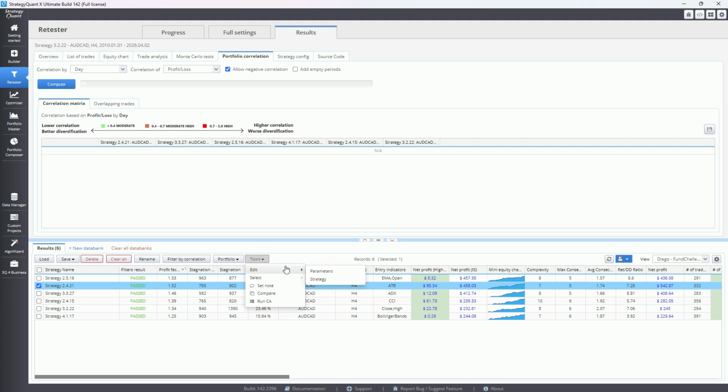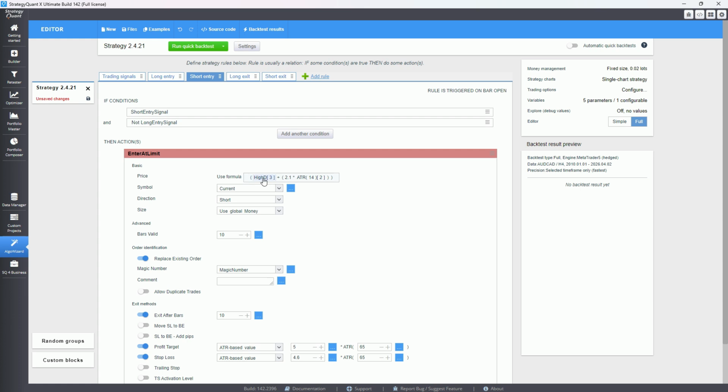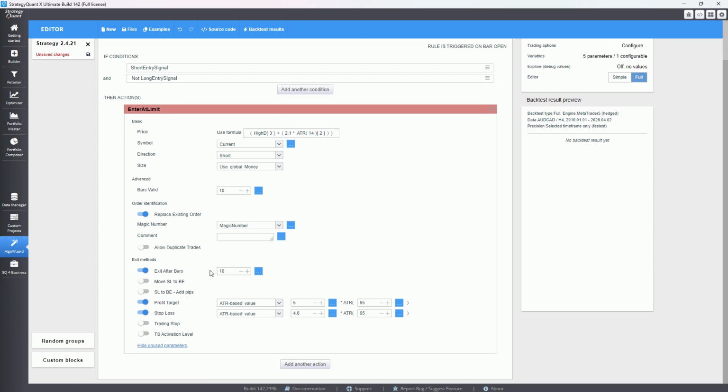If you go to tools and then edit this strategy, you can see this one, for example, the ATR 278, 2 candles before is rising, and then in the short entry you can see the high of the highest point in the day, 3 days before, in the candle 3 days before, plus a complement of the ATR, the exit after 10 bars, and the profit target.